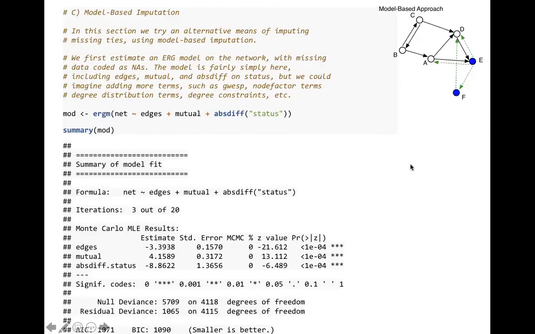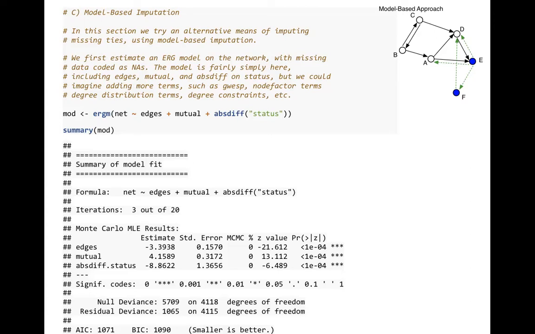Okay, so I want to spend a little more time on model-based imputation, the last approach. A reminder: with model-based imputation, you start by estimating a model on the observed network, or on the full network conditioned on the missing data. The idea is to predict where ties exist based on underlying tendencies.